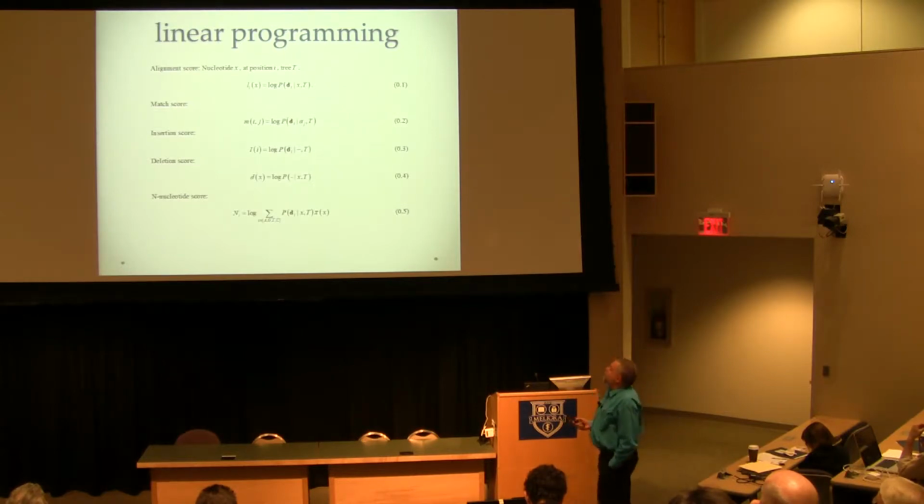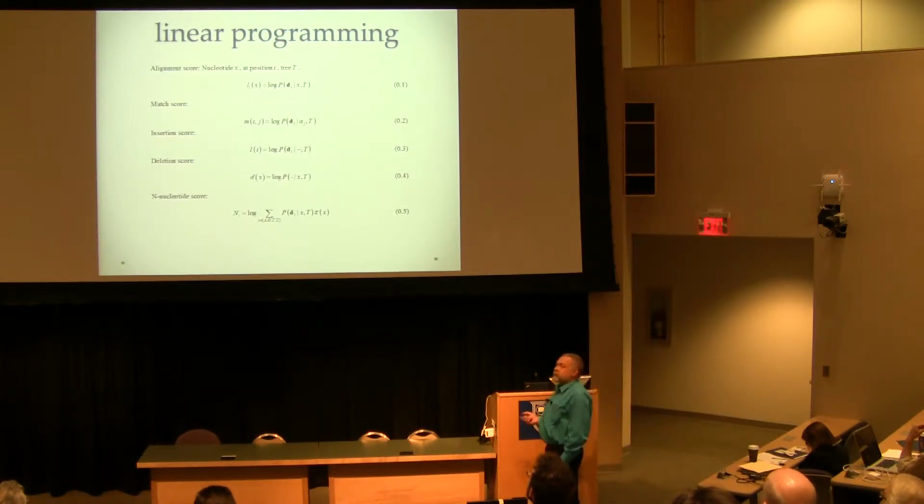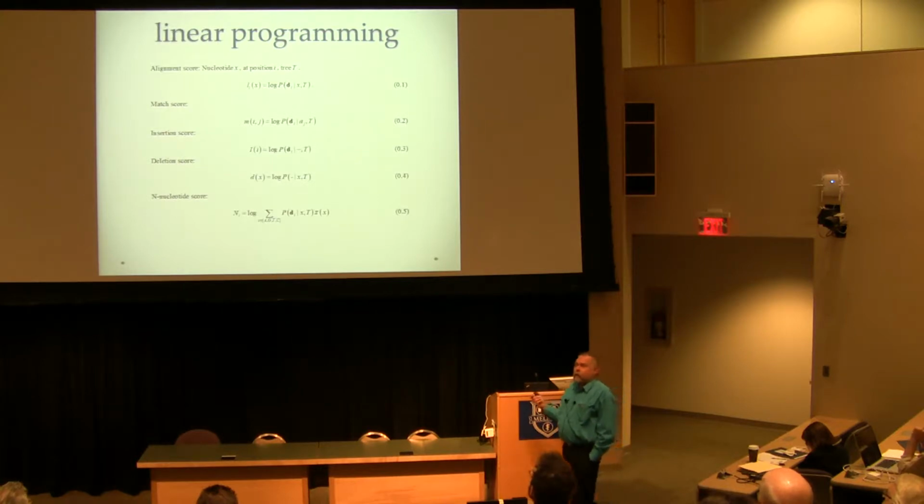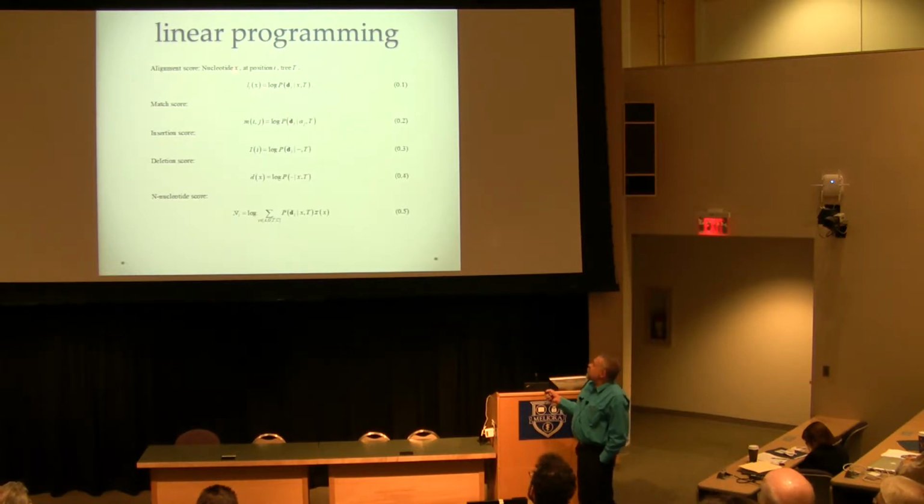Now, for those of you who have some background in bioinformatics and you've done Waterman-type sequence alignments, what we can do now is use linear programming the way it is done for Waterman-type sequence alignments, only now we use our likelihood function to generate the appropriate scores.